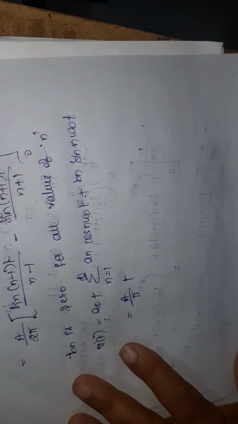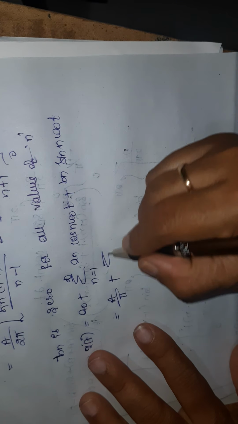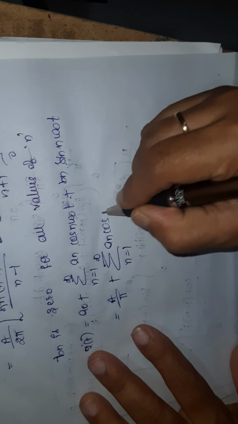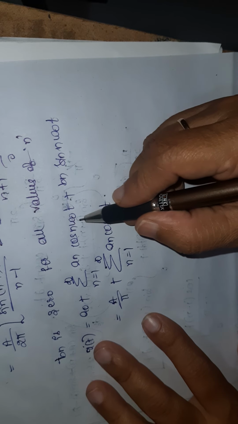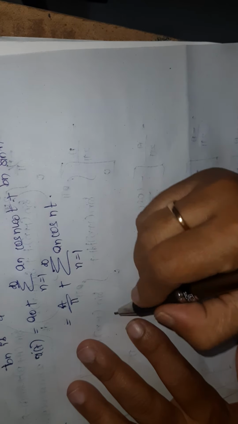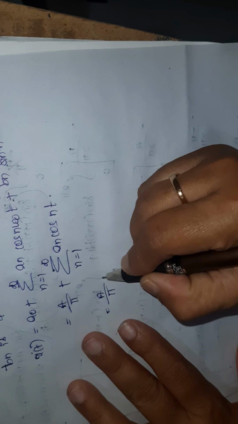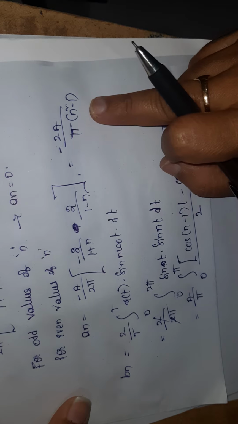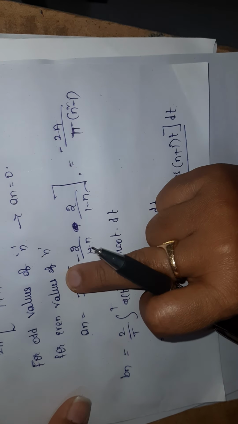So we have concluded that summation n is equal to 1 to infinity an cos nt, because omega naught is 1, just I am writing. So a by pi minus, so what actually I got is an is minus 2a by pi into n square minus 1, that is for even values of n.